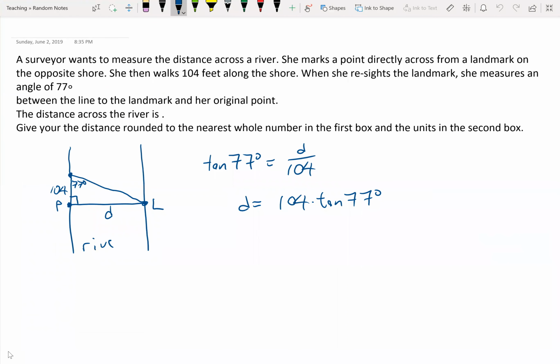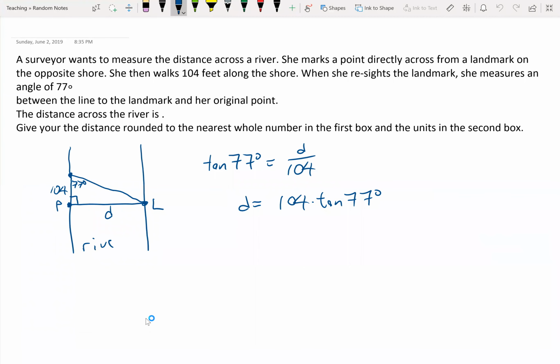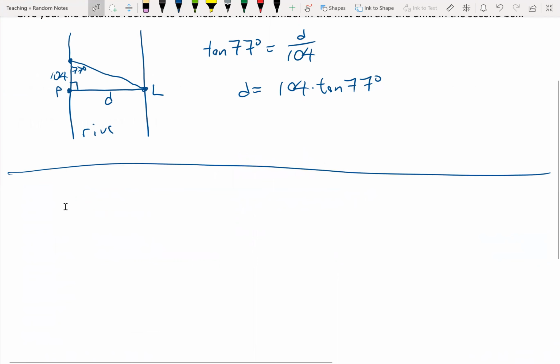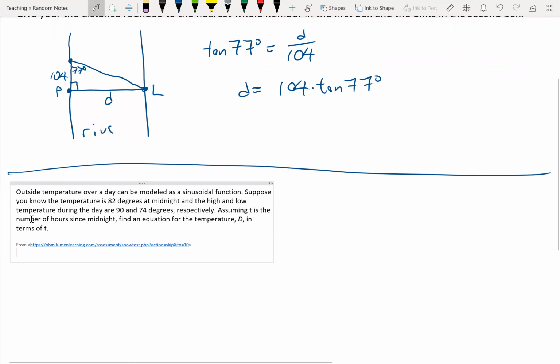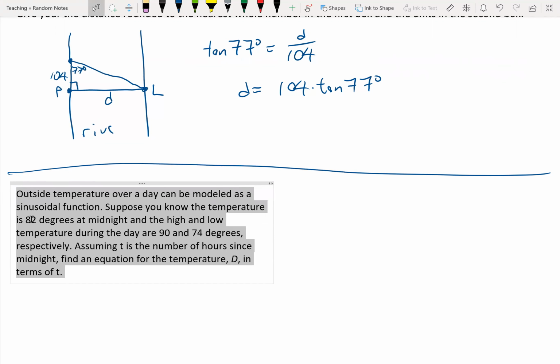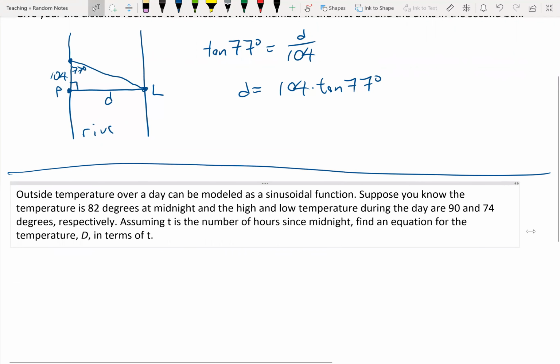All right, here we go. So we've got a function modeling temperature over a day.